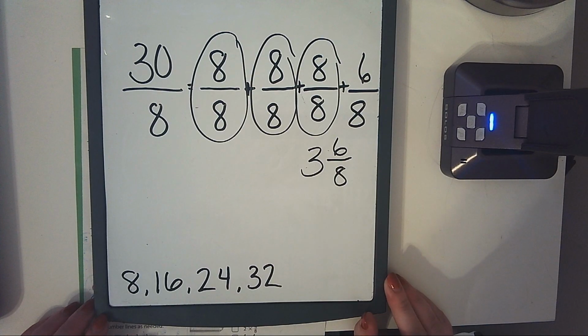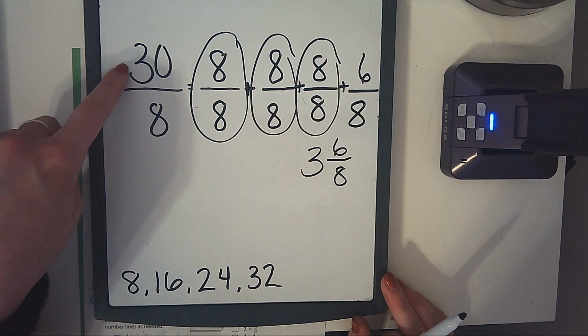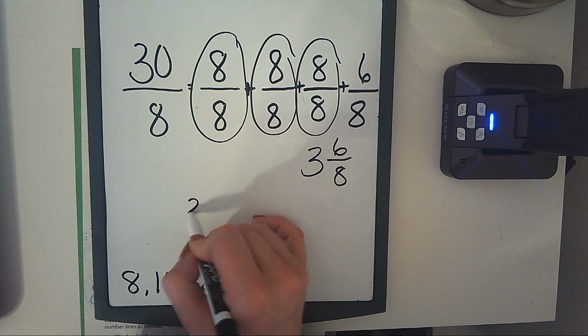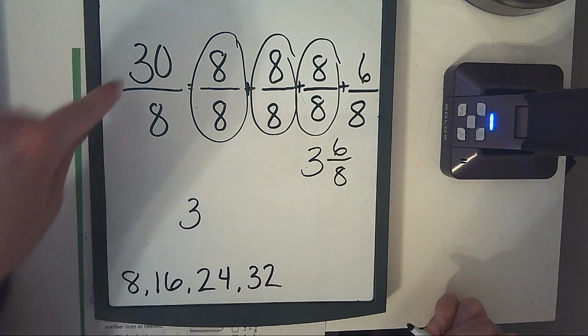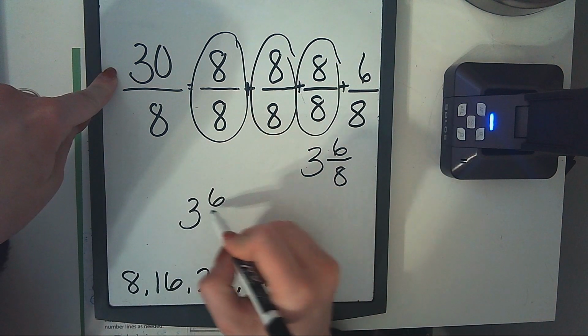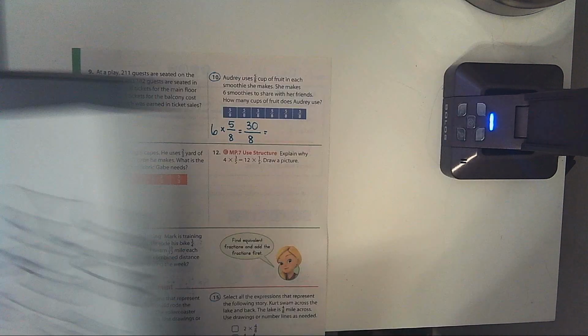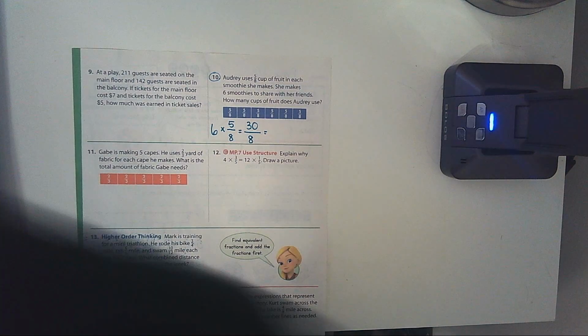With our skip counting, the closest I can get to 30 is 1, 2, 3. If I count up from 24 to 30, I'm going to have 6/8 left over. So same answer, just a different strategy. So that would be 3 and 6/8 cups of fruit.